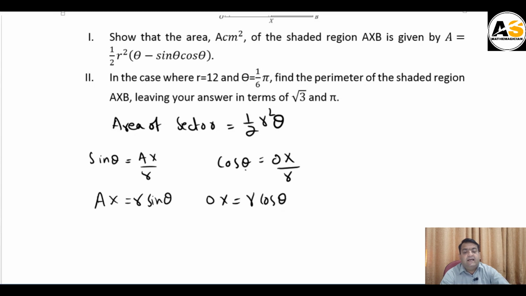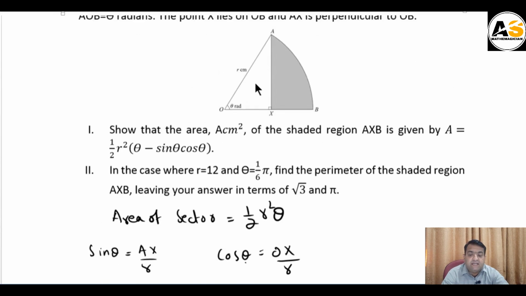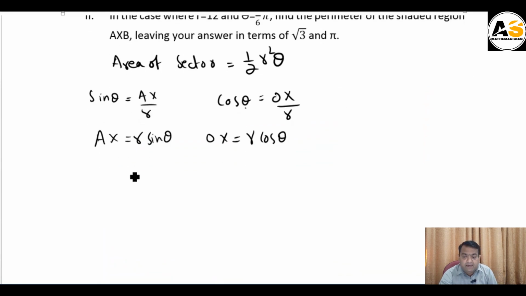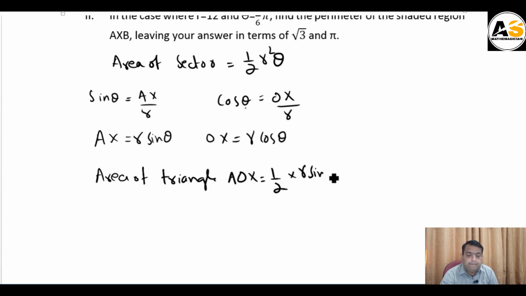What are AX and OX? OX is basically the base of the triangle and AX is its height. So area of triangle AOX is equal to 1 by 2 base into height, which will simplify to r square over 2 sine theta into cos theta.